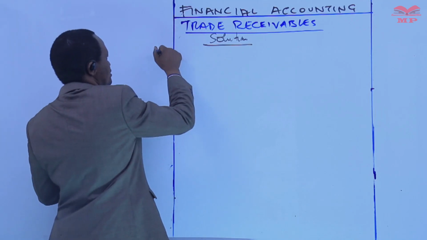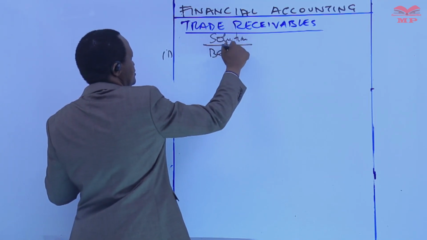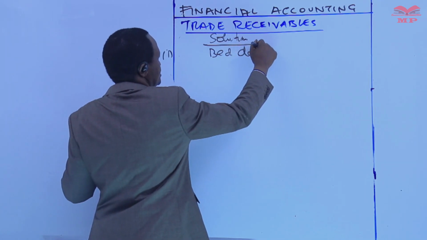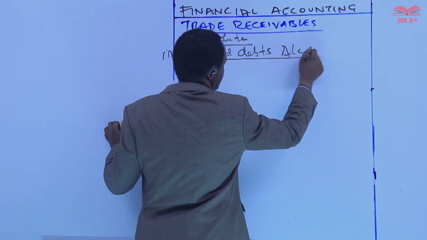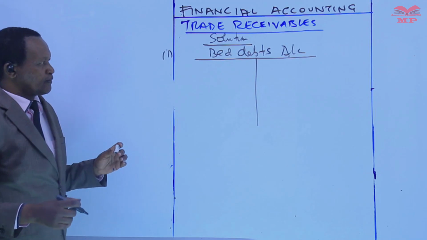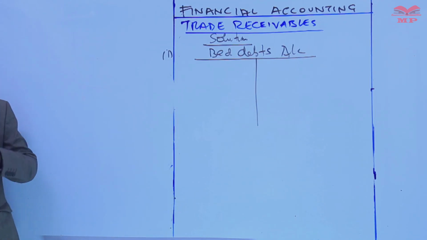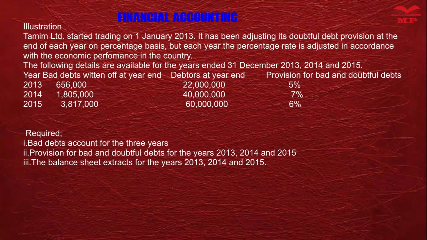So we begin with bad debts account for the 3 years. So we have the bad debts written off in 2013 at the end of year 2013 is 656,000.